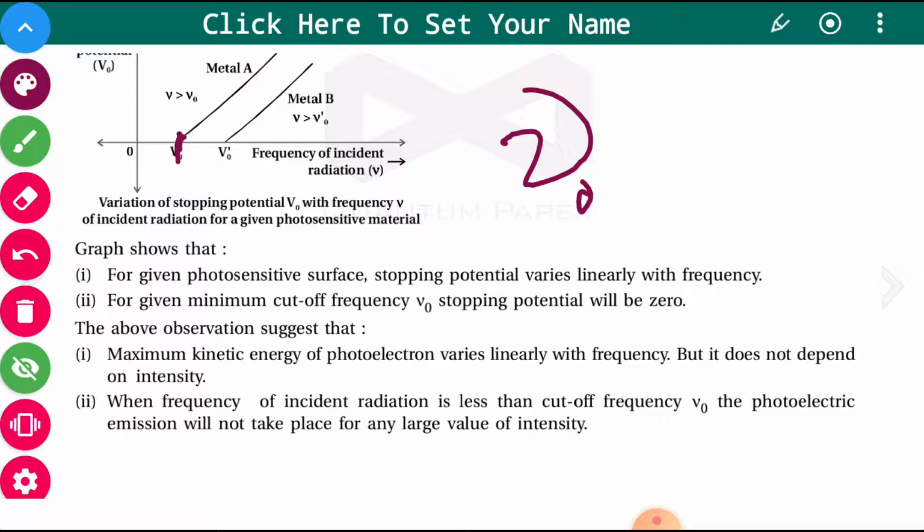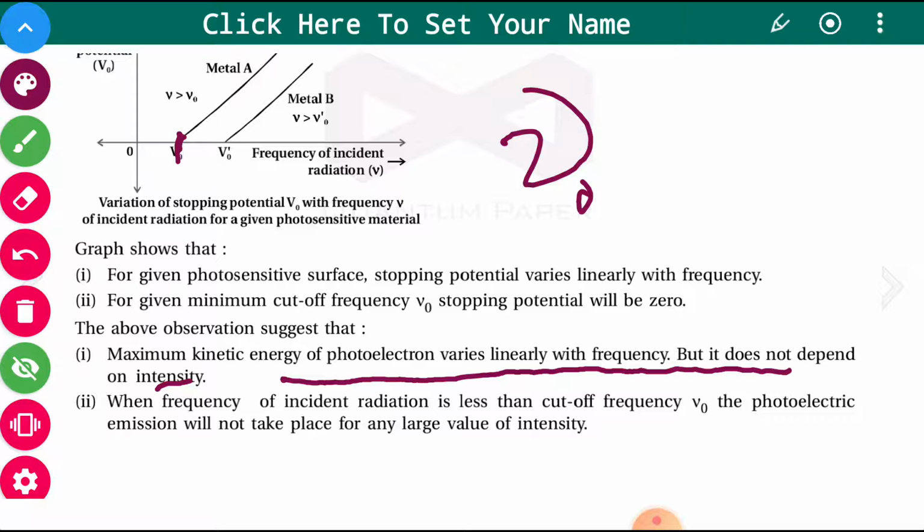Okay, the above observation suggests that the maximum kinetic energy of the photoelectron changes linearly with frequency. More the frequency, more the kinetic energy, but it does not depend on intensity. Try to understand, in our classical physics, more intensity means more energy.